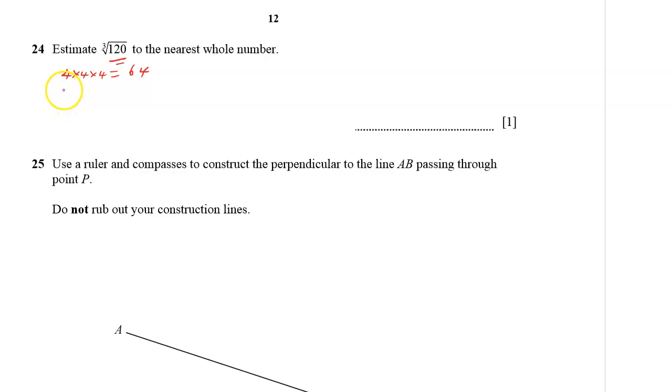So go to 5. 5 times 5 times 5 will give us 125, which is greater than 120. Of course you can try 6 times 6 times 6. This will give us 216. So 125 is closer to 120.